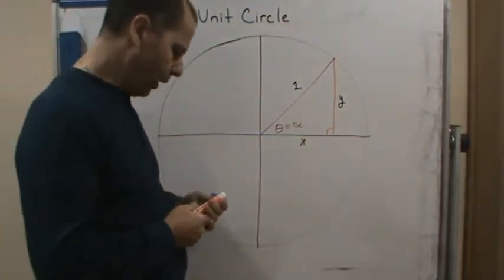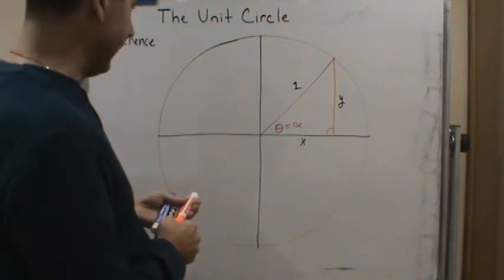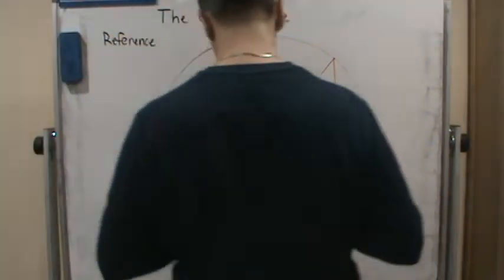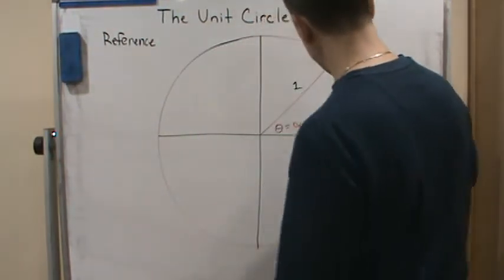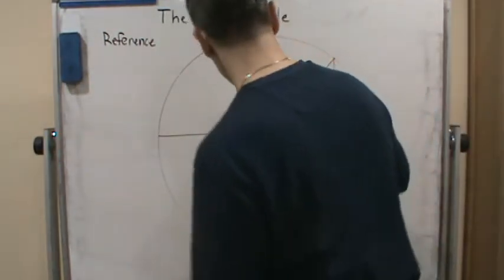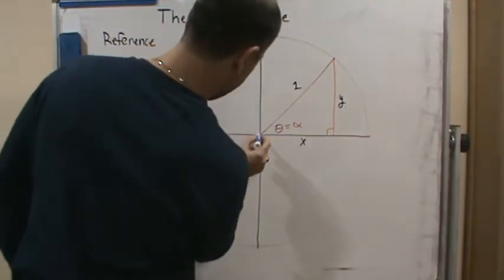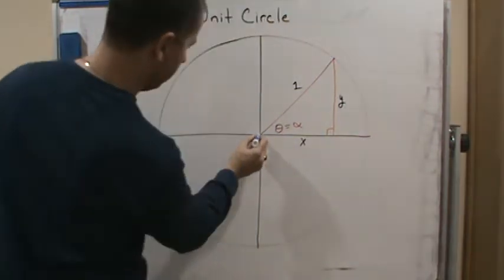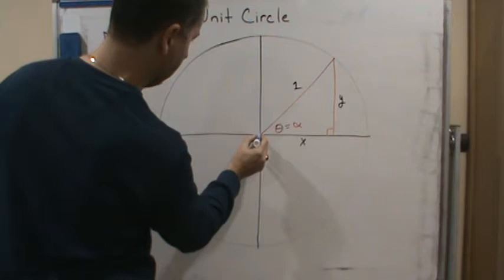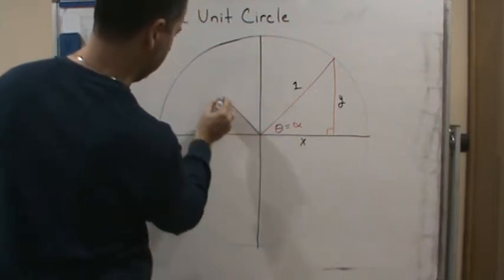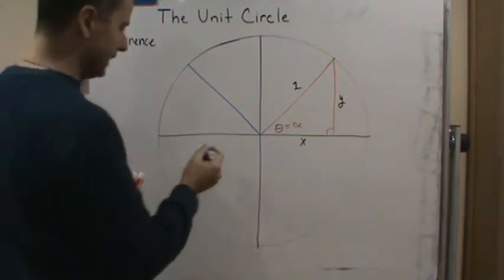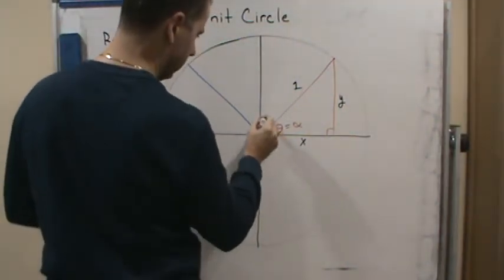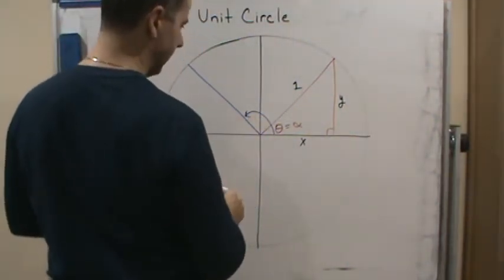Now, what if we have another angle? Let's do this one here, and I'm going to try to draw it the same. Let's say this is theta.